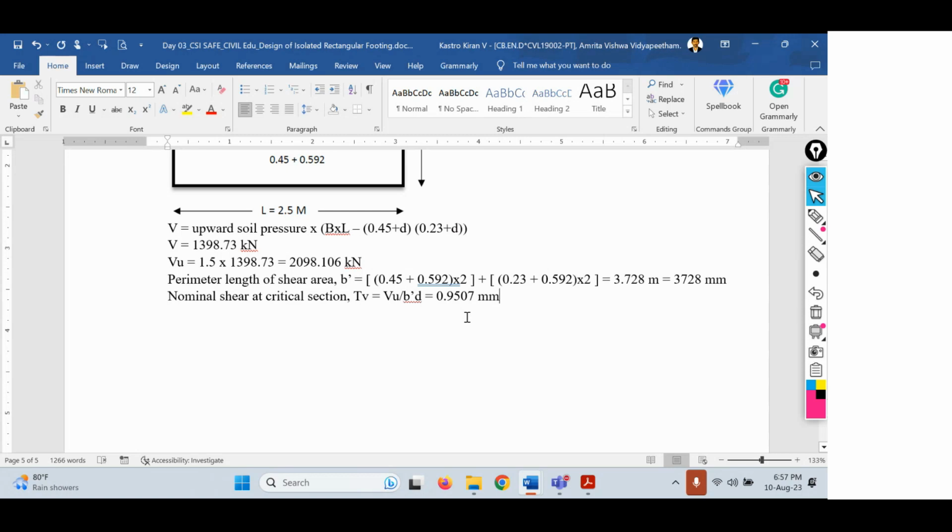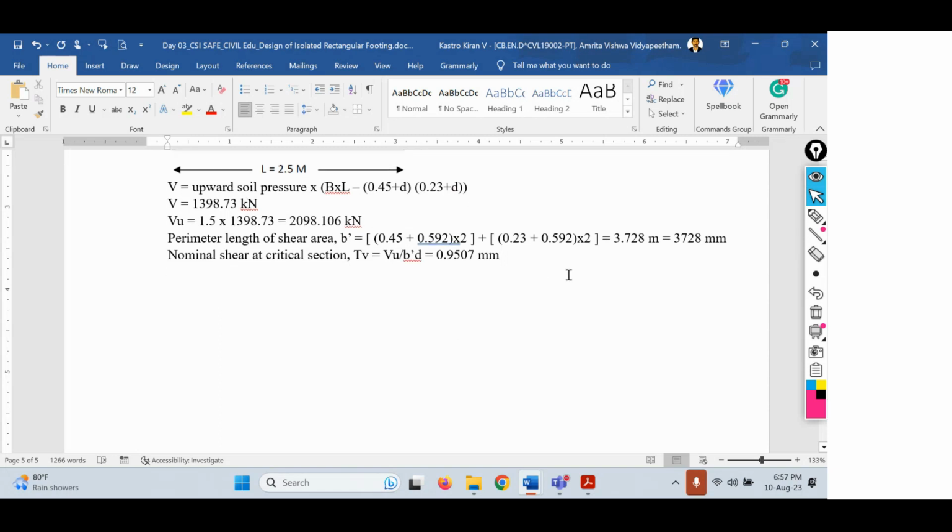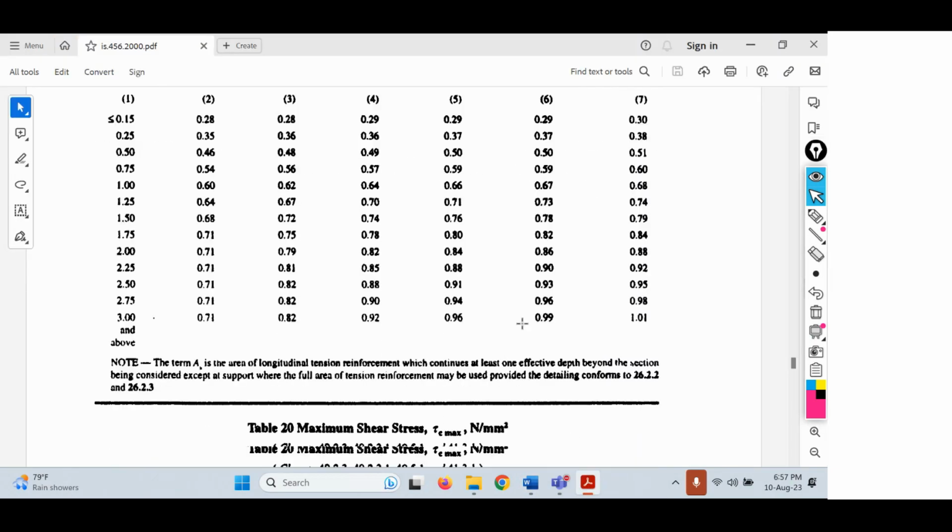We have to check whether tau v is less than tau c or tau v is greater than tau c. In order to do that, we have the calculation from IS 456 2000, clause number 31.6.3. I'll check the page number, which I remember is page 58.